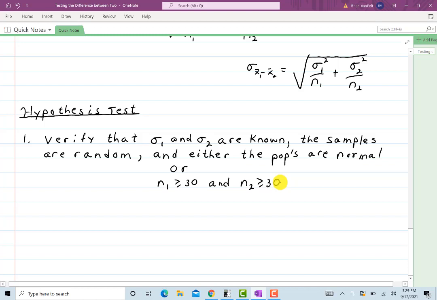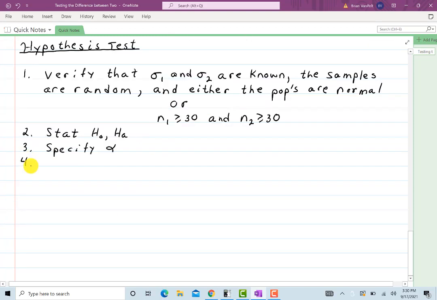So after all that stuff, then we have our usual business. We state H0 and HA. Specify alpha. Determine the critical values.